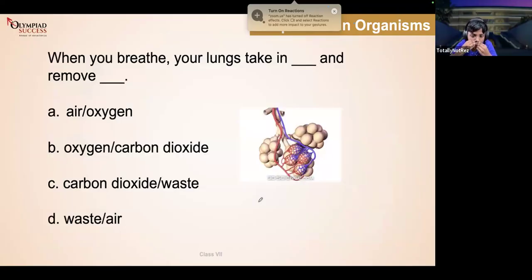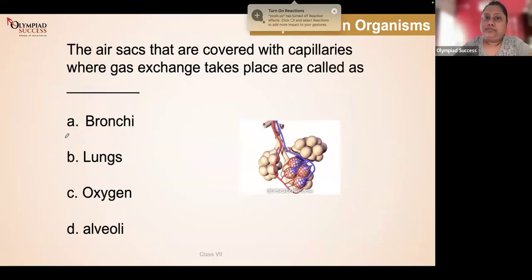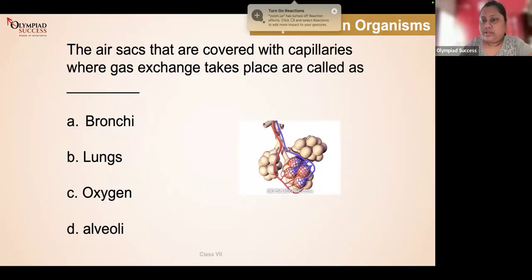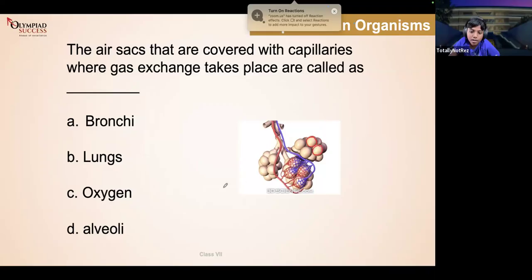Solve this. Breathe, your lungs take in oxygen and remove carbon dioxide. B. Next. Air sacs are covered with capillaries for gaseous exchange, called what? What does the diagram show? Alveoli.